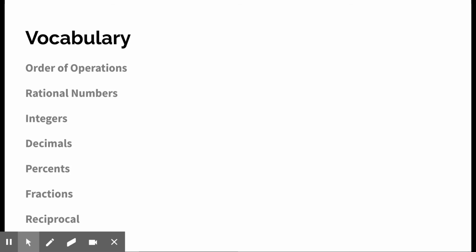Remember, integers are those that have the negatives, decimals, percents, fractions, and reciprocal we talked about a little bit. Reciprocal is when you take a fraction and you flip it. So the reciprocal is the opposite of what the fraction looks like. So 3/4 would be 4/3.